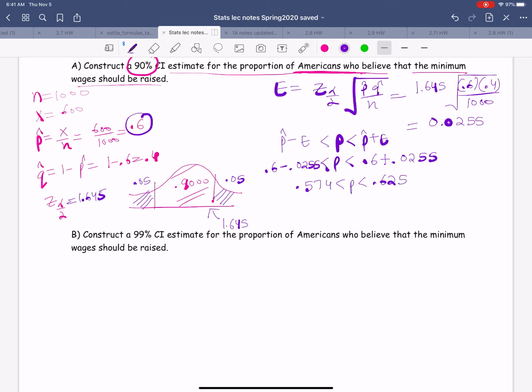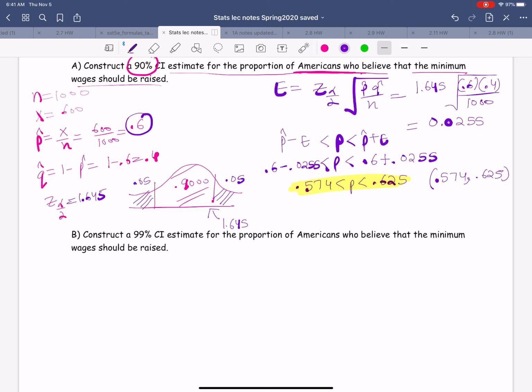Okay, so this is my confidence interval. We can also express it in parentheses, as 0.574 comma 0.625. It's really up to you how you want to express it.